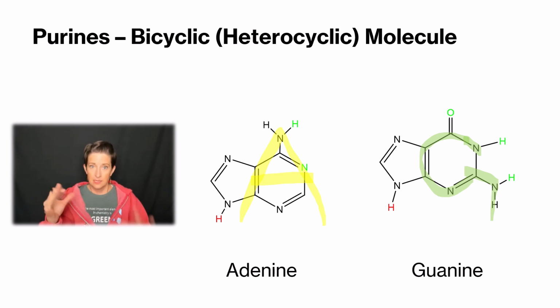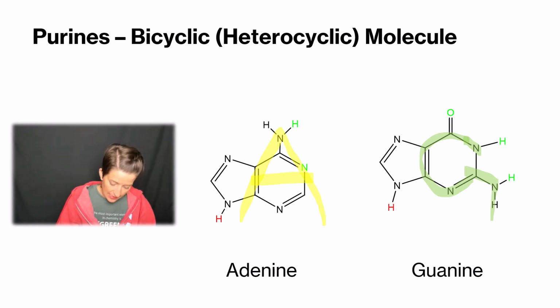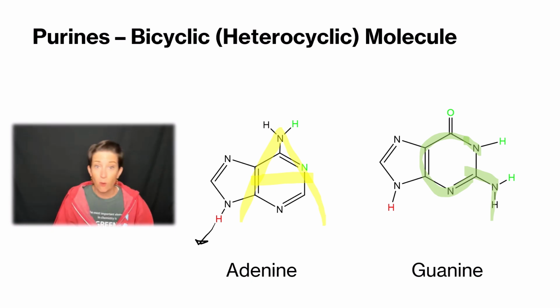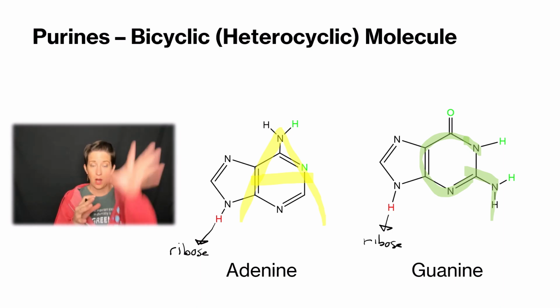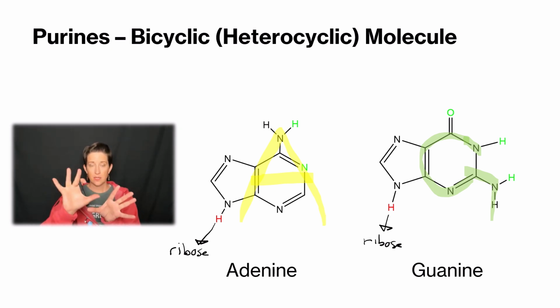Next, depicting some important pieces within these nitrogenous bases. I have red highlighted atoms and green highlighted atoms. The red hydrogens are what are going to form a bond with the ribose sugar. So that is where our backbone meets the nitrogenous base.